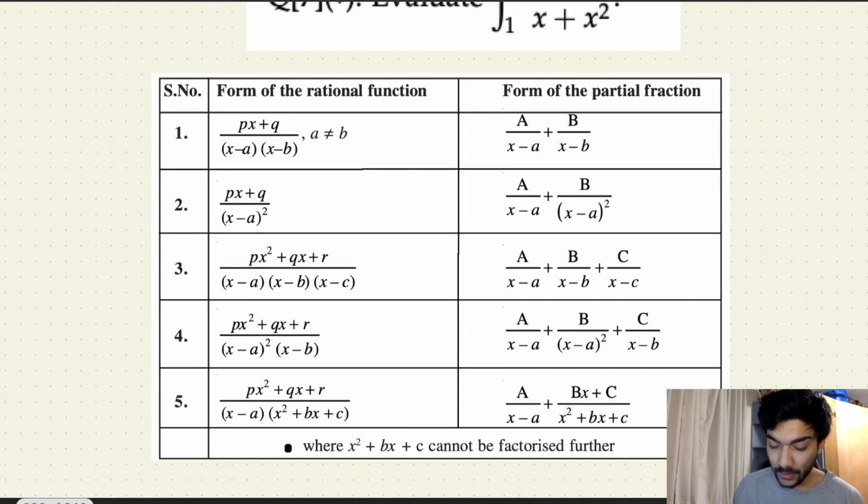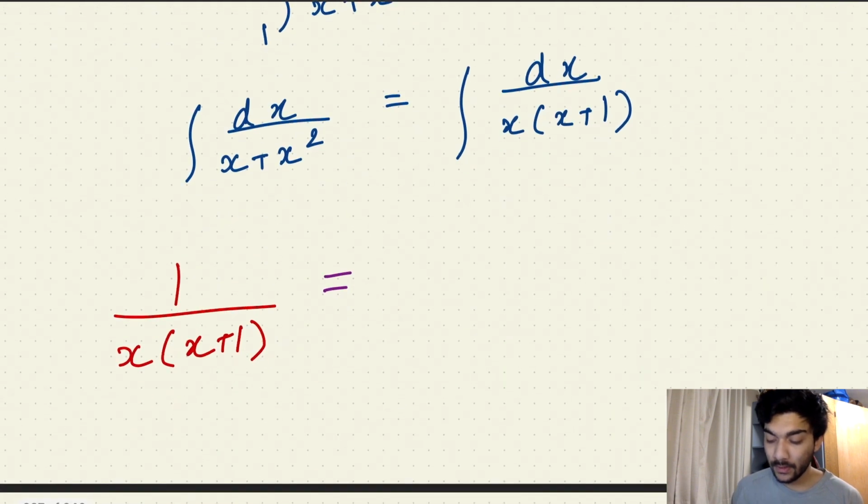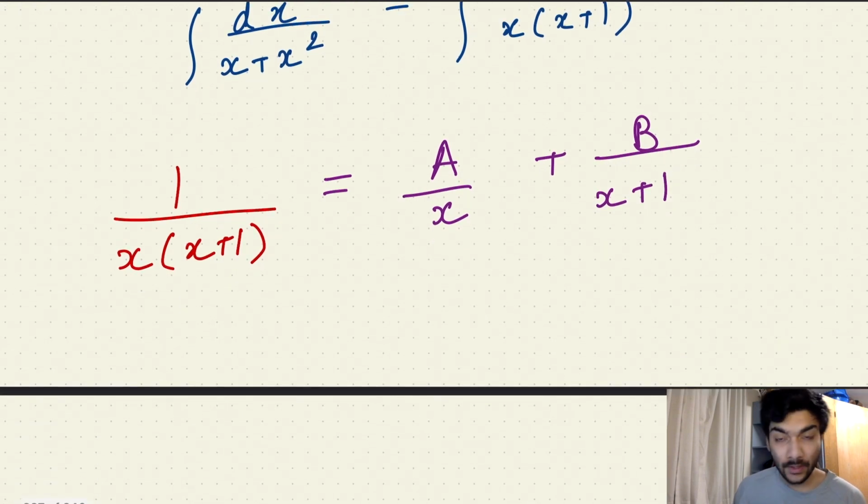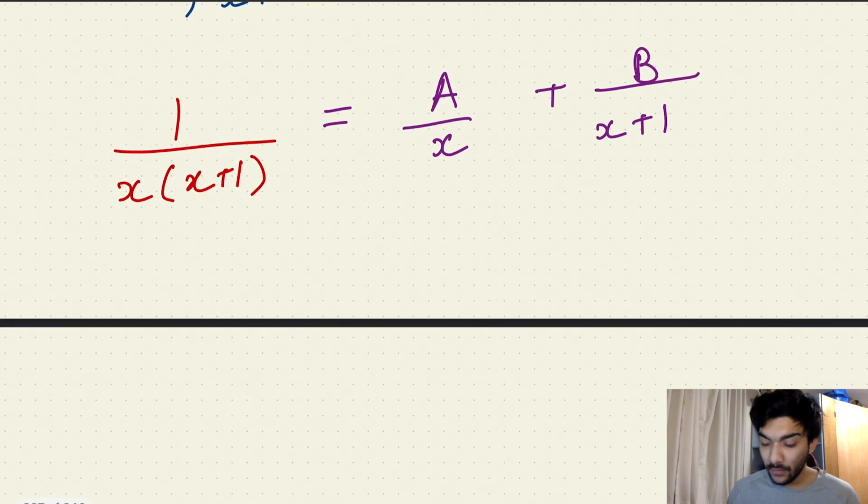If we break down this expression using partial fractions, we can write it as A over x plus B over x plus 1, and now we can solve for the constants A and B.